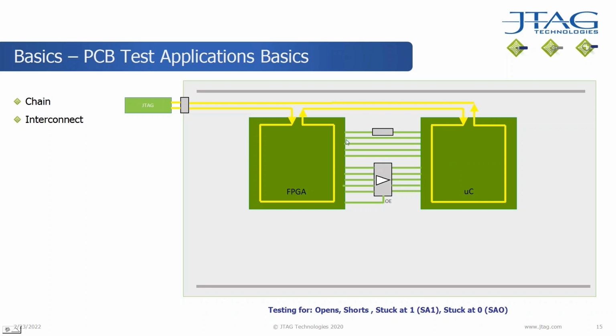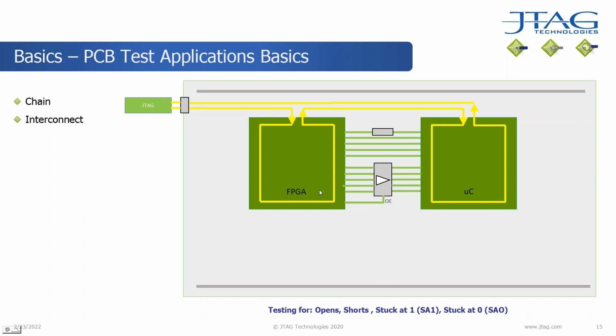In doing so, we can also test connectivity through series devices, serial resistors, and also active things like buffers, as we see here, as long as we have control of the controls of the buffer, the output enable, the chip select, and so on.